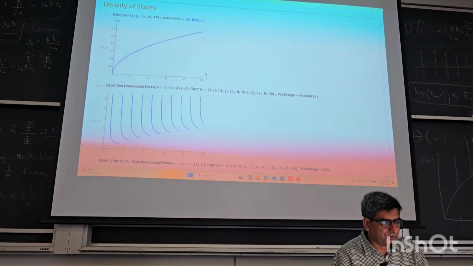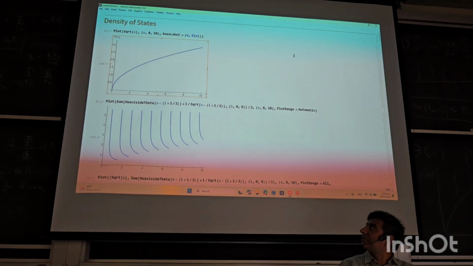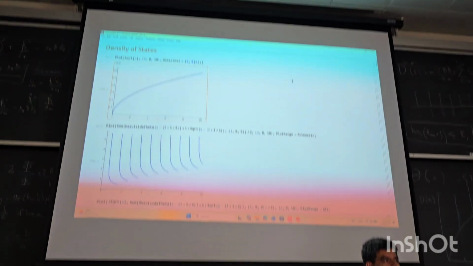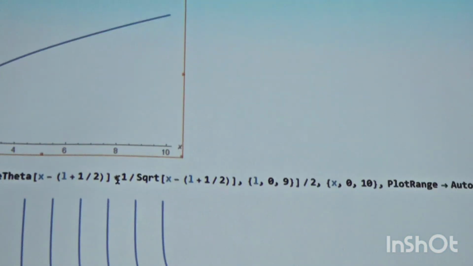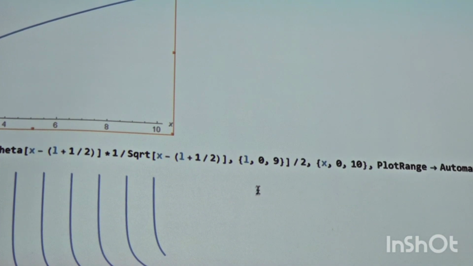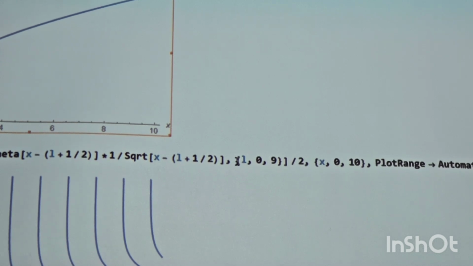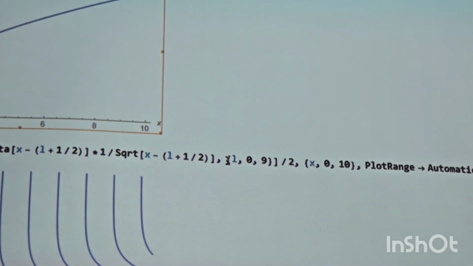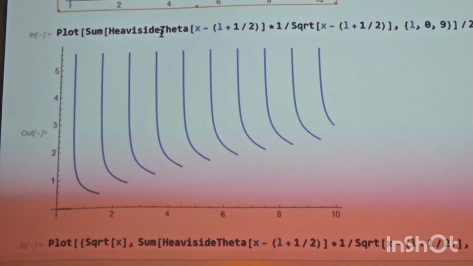Okay, so first of all, I've plotted just the raw density of states in 3 dimensions, square root function. Then I plot the density of states in 3D in the presence of a magnetic field for different values of L. I need a sum.